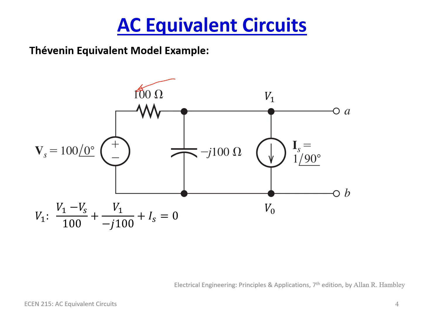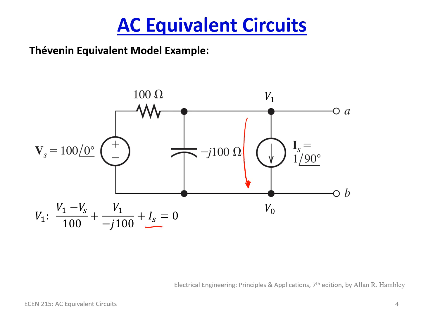Then we need the current going through this capacitor, which is simply V1 over minus J100. That's current number 2. Current number 3 is the current going from V1 to V0 through this leg. Well, we're told what that is.